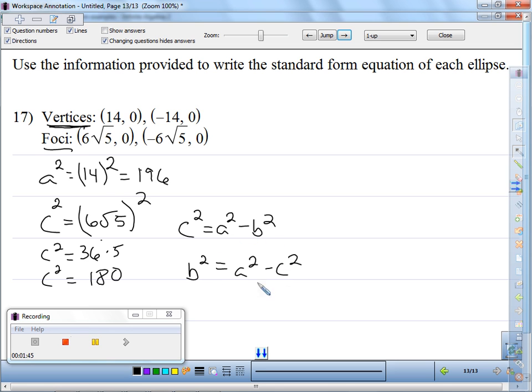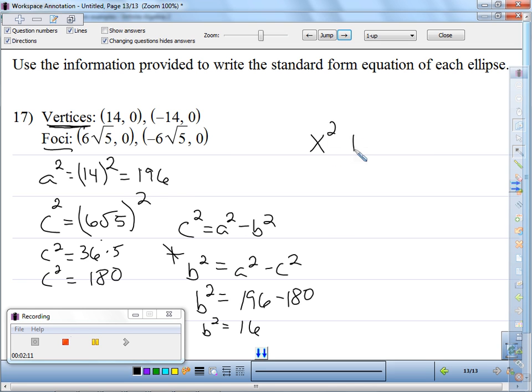So now we can just plug in the numbers to come up with what B squared is. I would write this down somewhere so you don't have to rearrange it each time. So B squared is equal to A squared, which is 196 minus 180. So what's 196 minus 180? Yeah, 16.